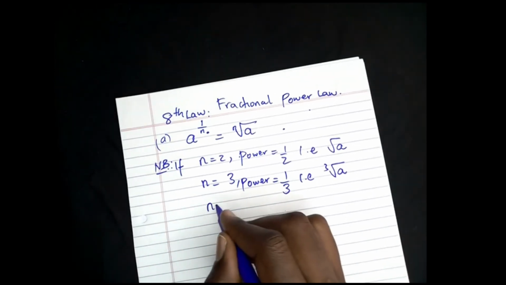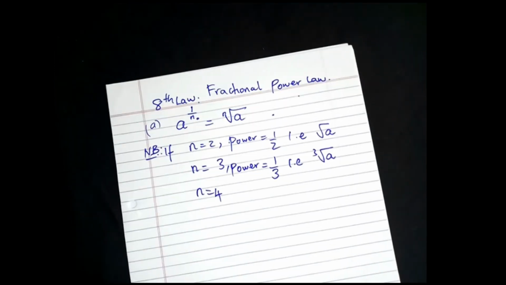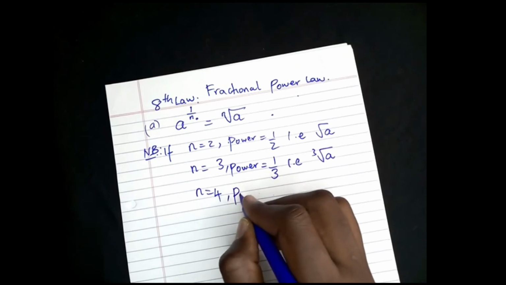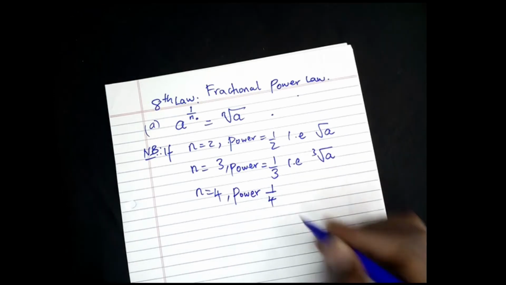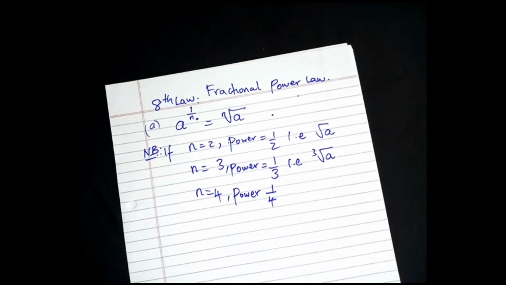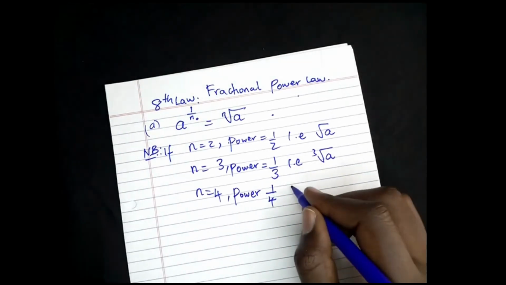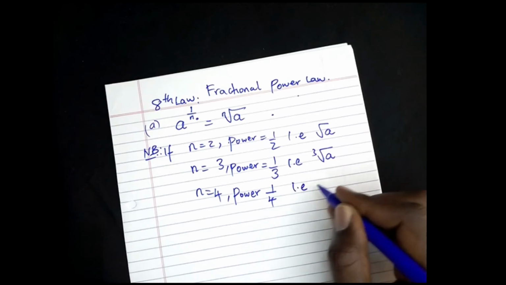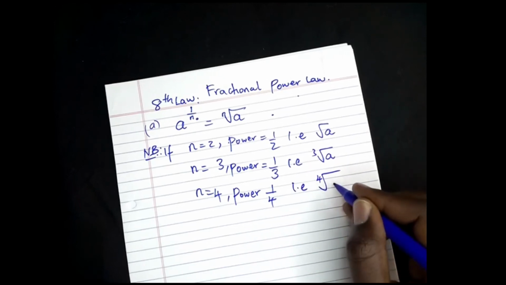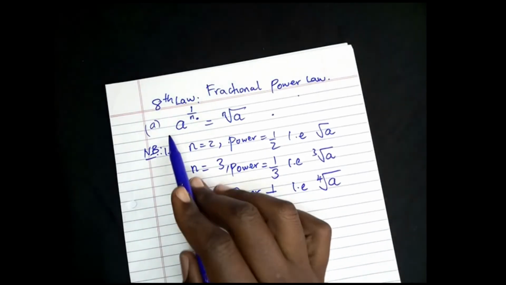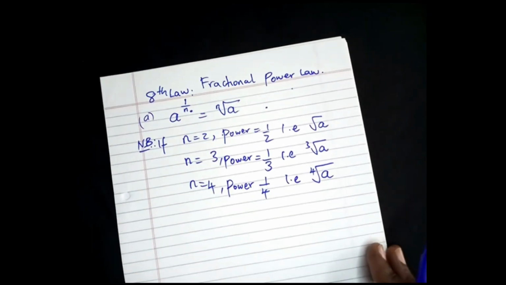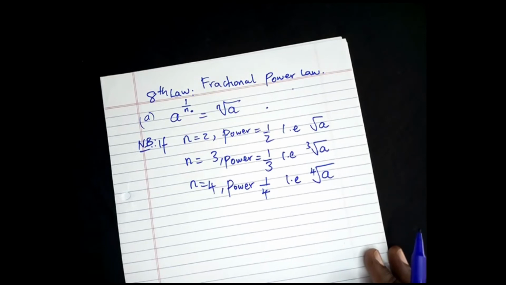If n is 4, the power of the number will be a quarter, which represents the fourth root of the number a. And that is why this law is applicable as one of the laws of indices.